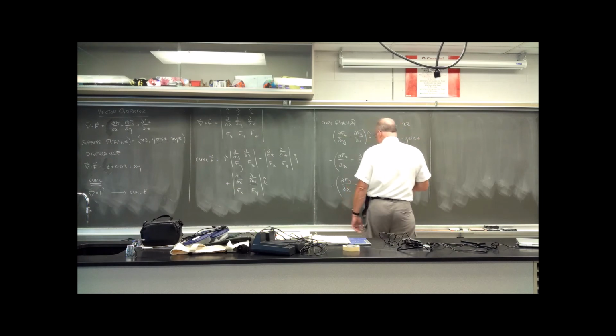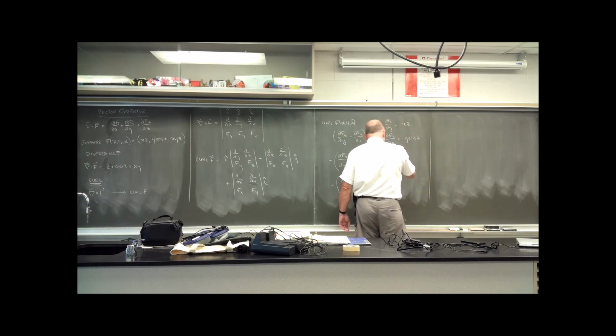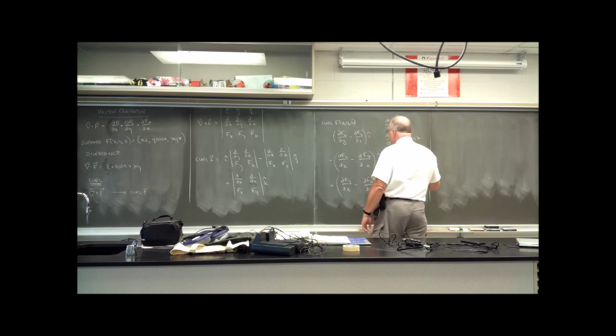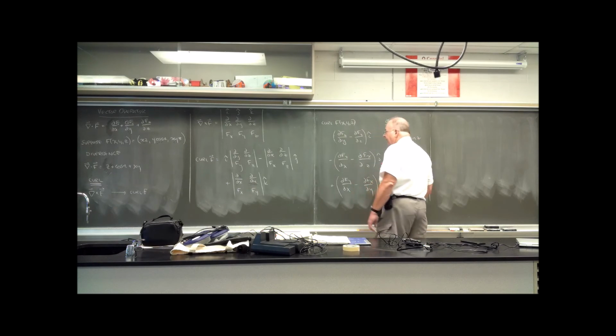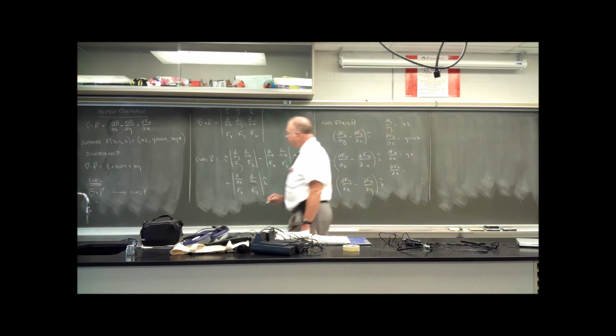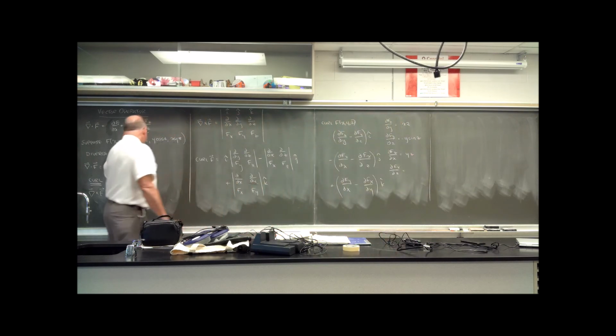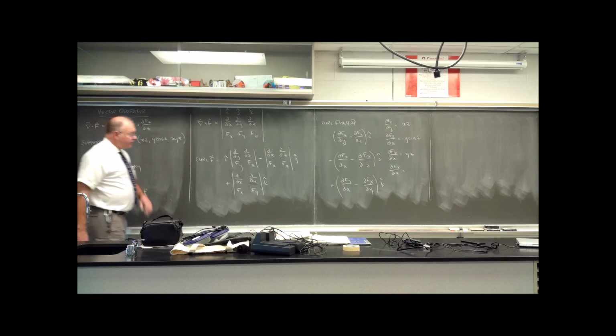Now what else do we have here? ∂Fz/∂x, and that would be yz, of course, a very similar pattern. ∂Fx/∂z, and here we have the z, so simply just x.